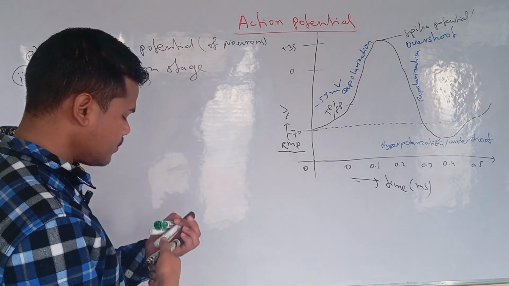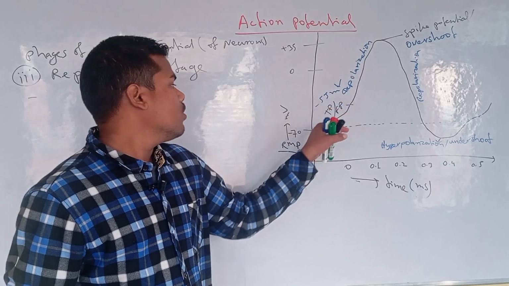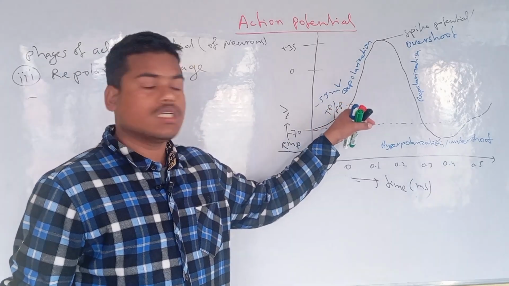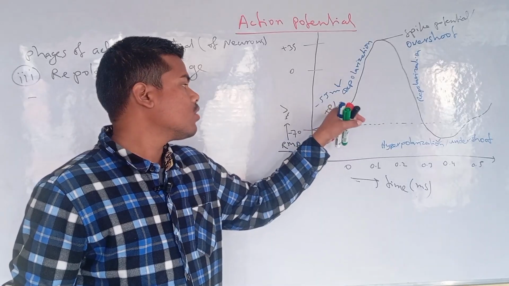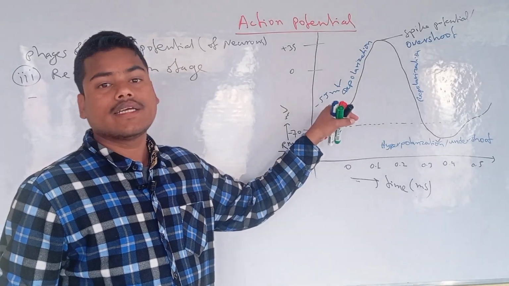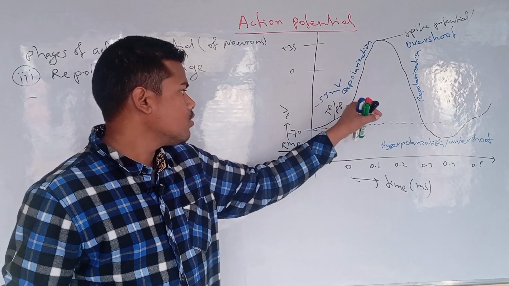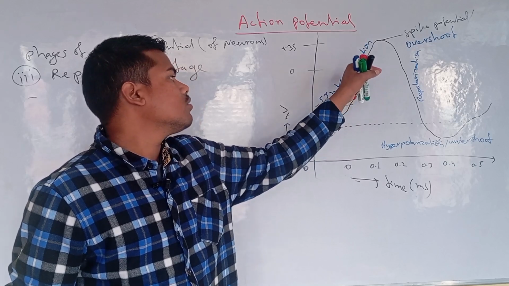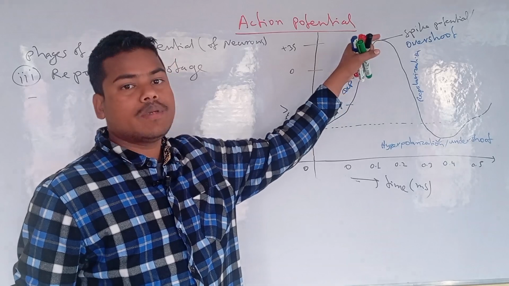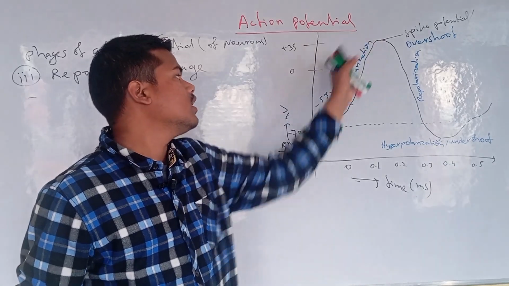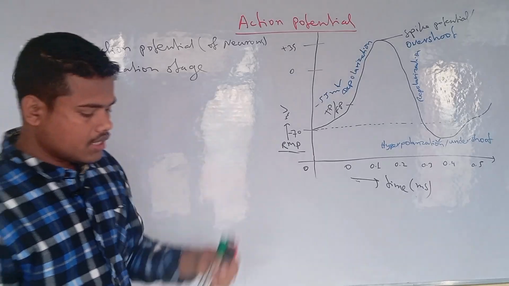How will the repolarization occur? Once the threshold potential is reached, during this period the influx of sodium will occur through the mechanically gated or ligand gated sodium channel, and then after the threshold potential, the voltage gated sodium channel will open, and rapid influx of the sodium will occur, which leads to the overshoot of the membrane potential.